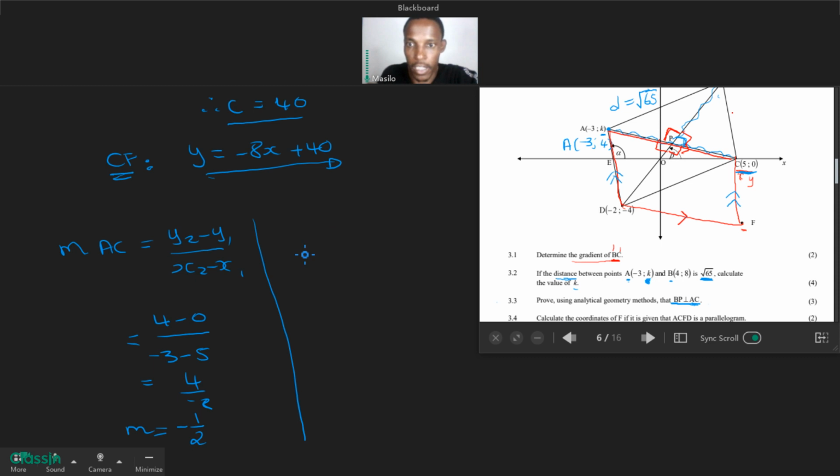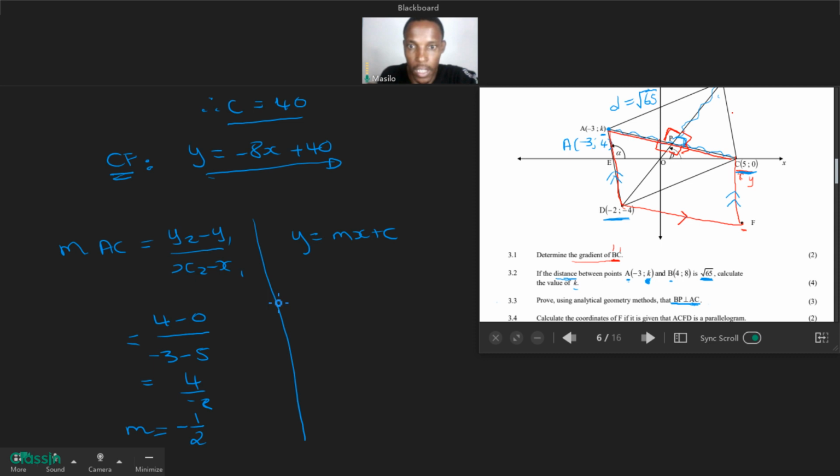So now if we have that gradient, we can simply say y equals mx plus c. Then we pick one point on that line. We can still pick this one, because we're looking for the equation of this line, and the gradient of these two lines is the same.